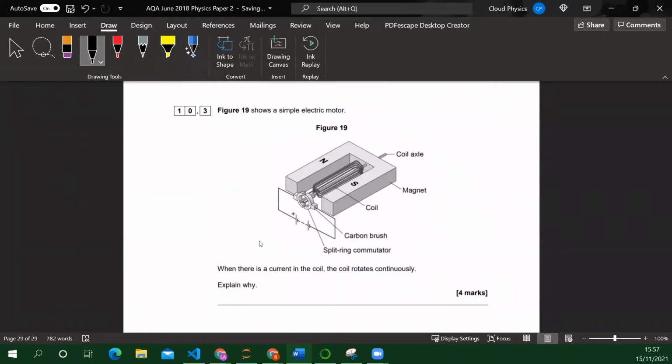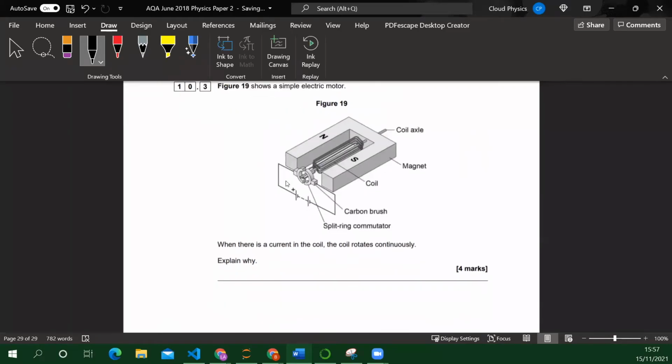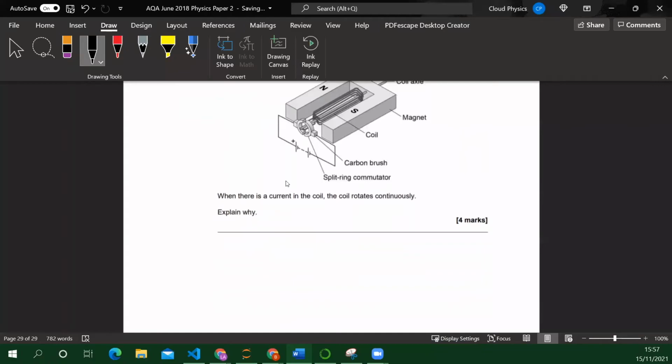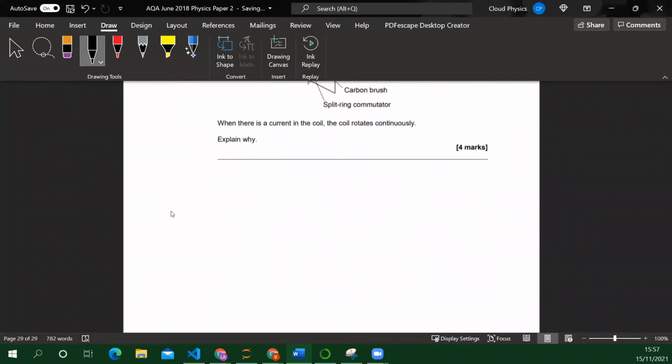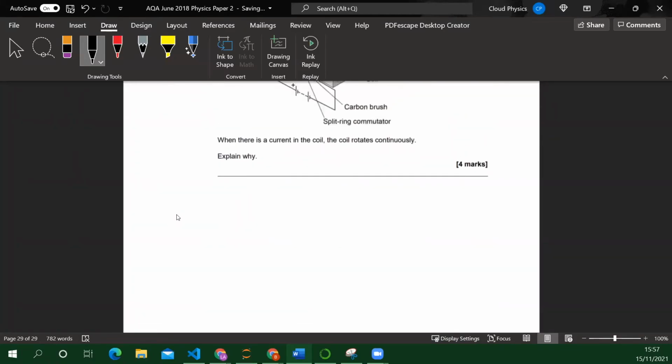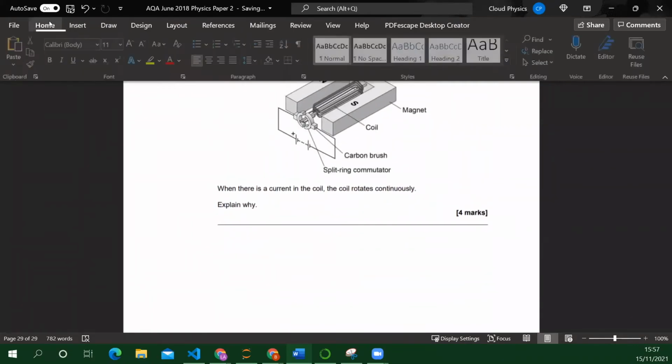Okay. Figure 19 shows a simple electric motor. Carbon brush, split ring commutator, it's always a tongue twister, magnet, coil, axle. When there is current in the coil it rotates continuously. And that's the last question of the exam, so let's finish it.